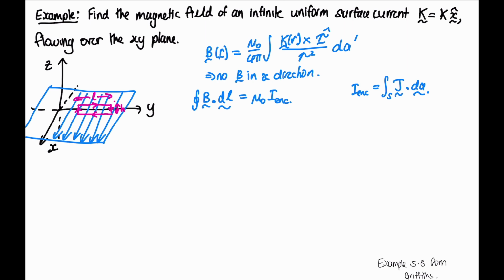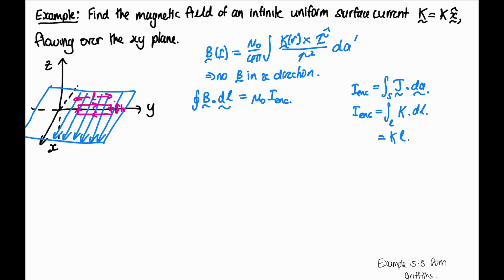And similarly, if we have a surface current density, we've got that the enclosed current is equal to the integral over a line of K dot dl. So with this one, if we picture this loop here, the current is coming out of the screen. So the amount of current contained is going to be equal to L times K. So this will be equal to KL.